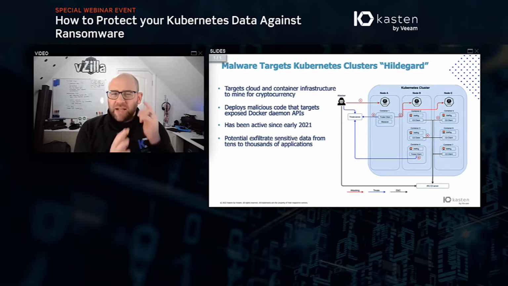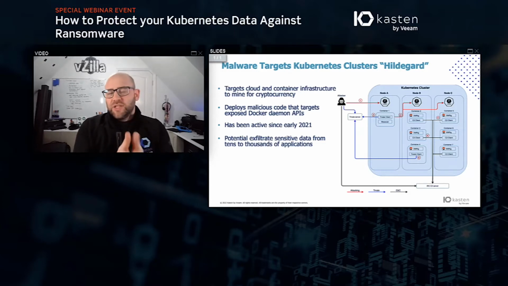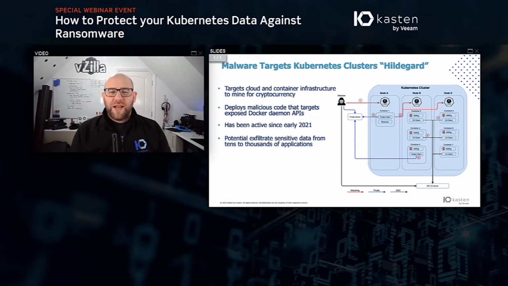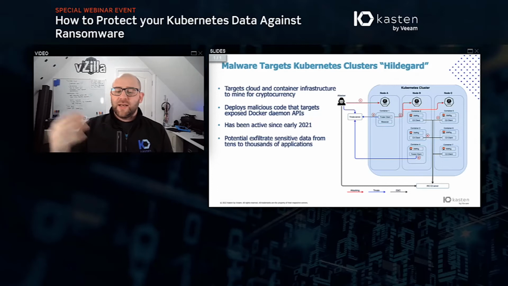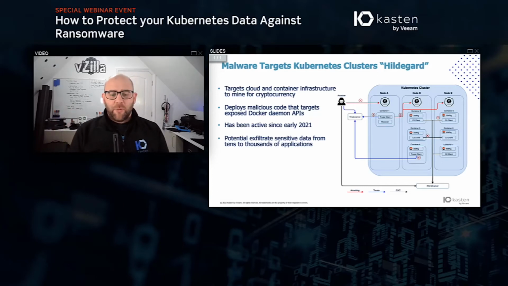It might not necessarily be encrypting the data, but it is using the CPU to gain a foothold and add to a greater cryptocurrency mining operation. So it deploys malicious code into a target, into the Docker daemon, and then off it goes. It runs as pods within your Kubernetes cluster.